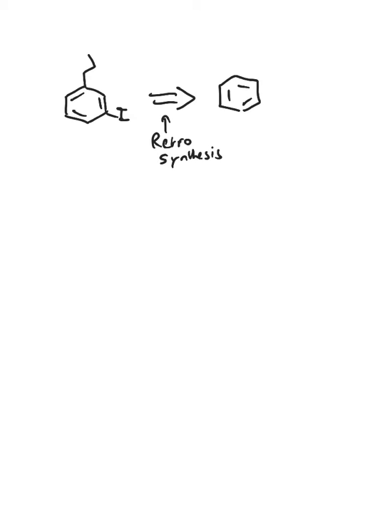First off, we need to notice the relationship between the propyl group and the iodide. We notice that this is meta, so therefore neither of these groups is meta directing, so one of them must have been something else. A good place to start would be to acylate it.